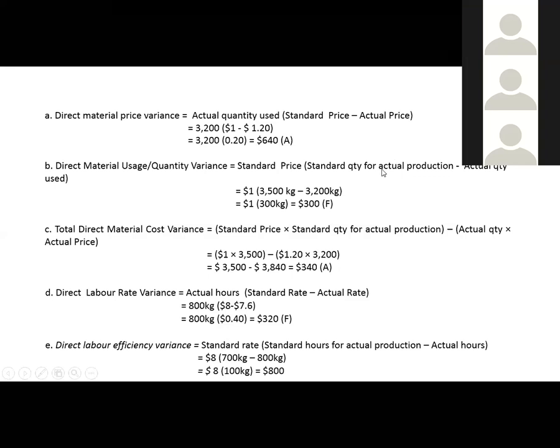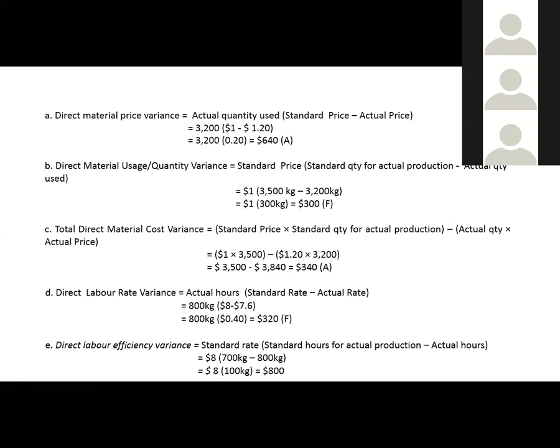Now, B, we are supposed to calculate our direct material usage variance or direct material quantity variance. That is what we are expected to calculate. So you go back to the formula.